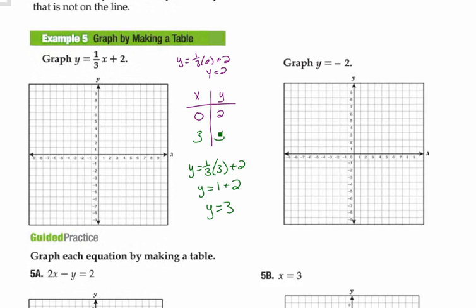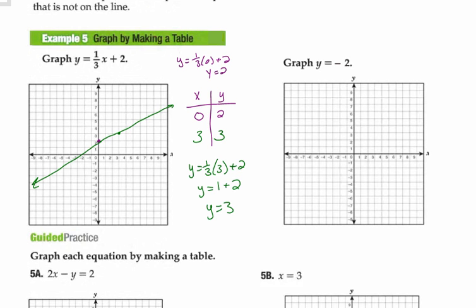So I'm going to go ahead and plot those 2 points at 0, 2, and at 3, 3. Where's 3, 3? Right there. Okay. Earlier they said linear equations, all we have to do is have 2 points, so we can just connect the dots and know that we're going to have a nice straight line between them, except for me because my lines are never straight.